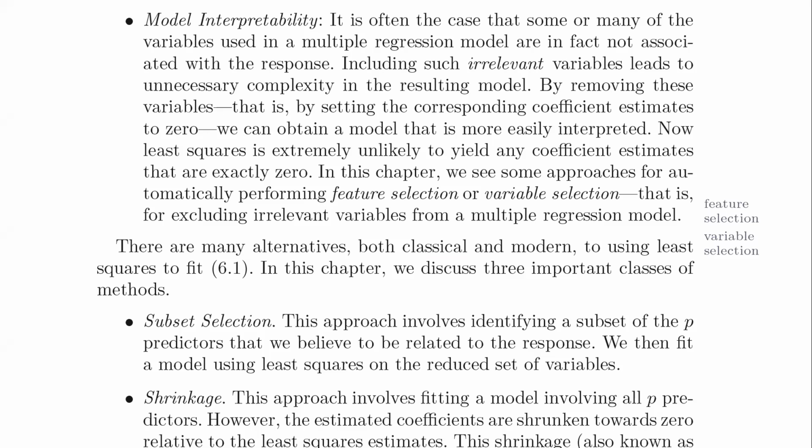specific predictor variable. In this chapter, we see some approaches for automatically performing feature selection, also known as variable selection, that is, for excluding irrelevant variables from a multiple regression model.